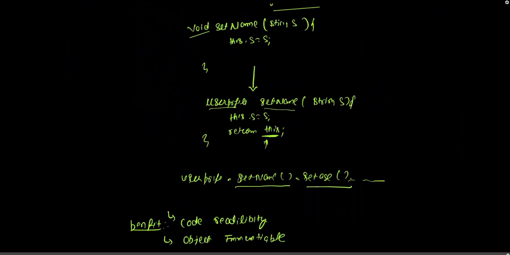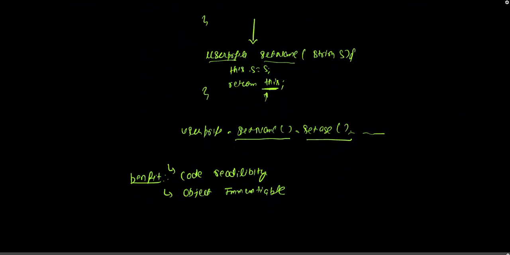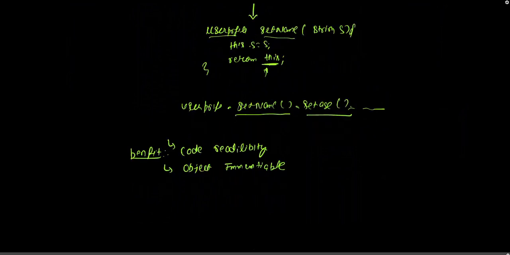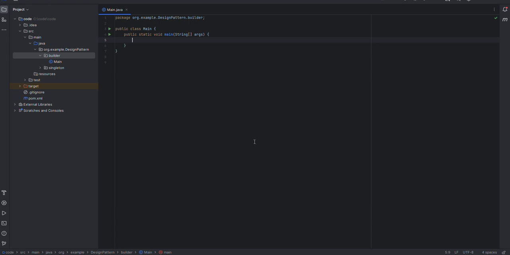Here, in the builder design pattern, we are using a nested class having the getter and setter, but the parent class, the outside class, doesn't have getters and setters, we have only a constructor. So if we have a constructor, when the object is created we cannot change its value, right? That's why the parent or outside class object is immutable. We cannot change the value. Okay, we will move to the code base, then we will understand more.